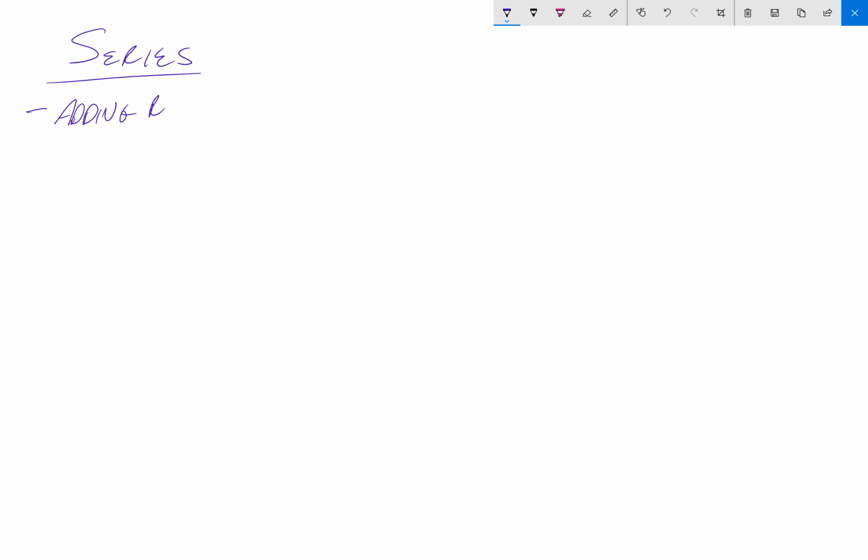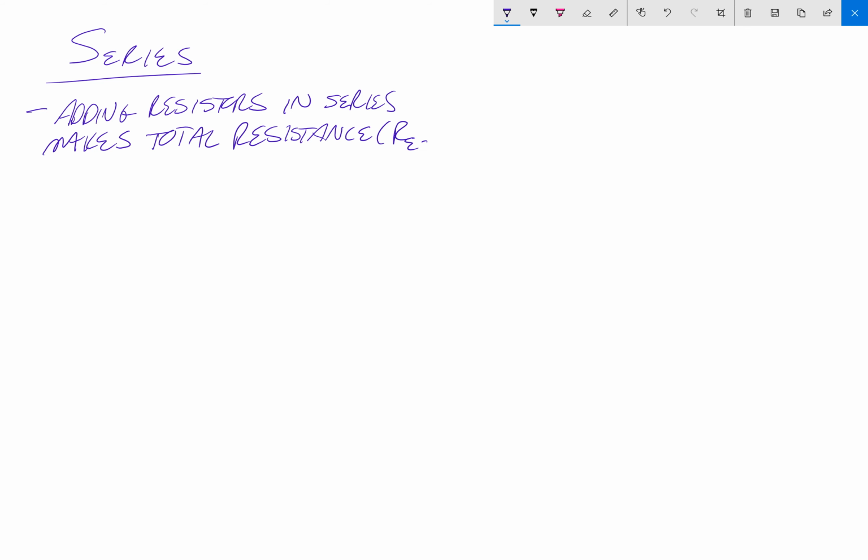So adding resistors in series makes the total resistance go up. Now, total resistance is going to be known as REQ, equivalent resistance. Resistance, again, that's going to be REQ for equivalent.